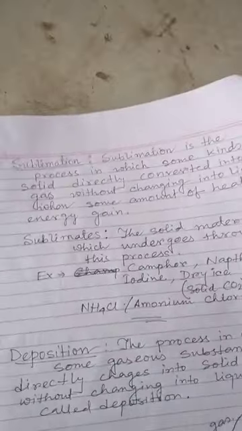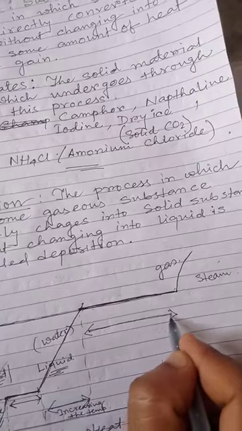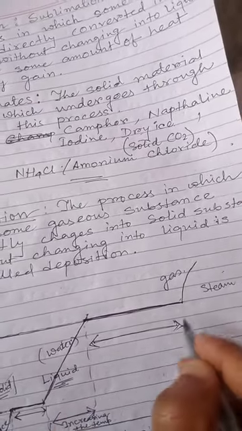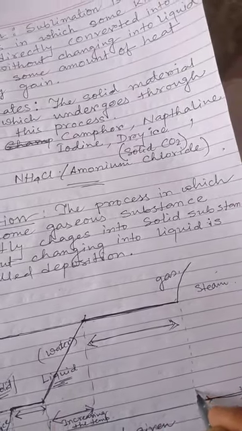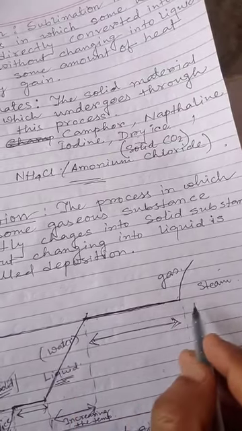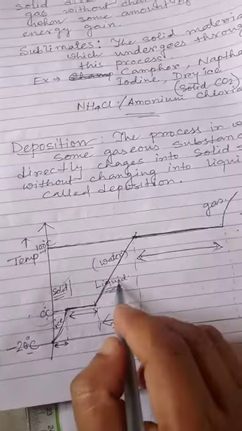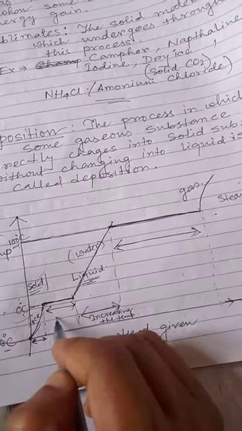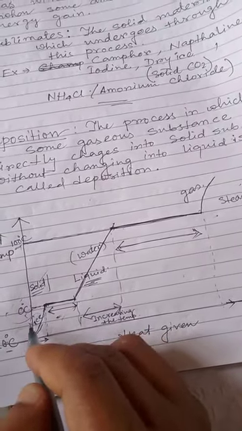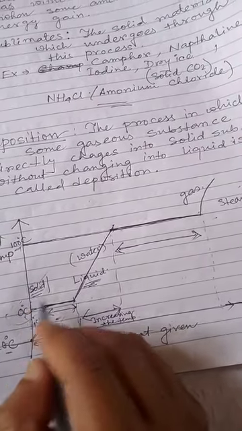And this amount of heat is utilized to change the state from liquid to gas, and this amount of heat is utilized to change the state from solid to liquid.